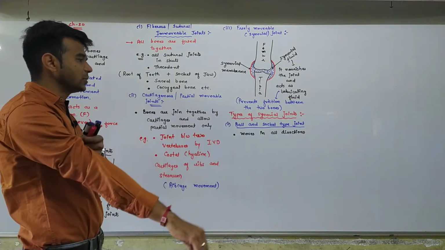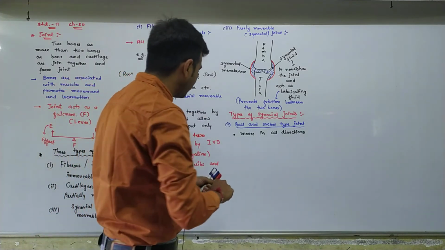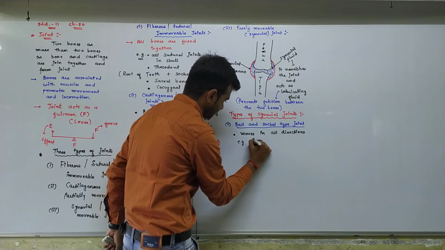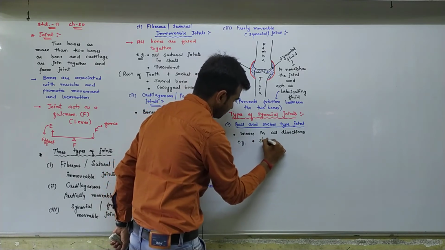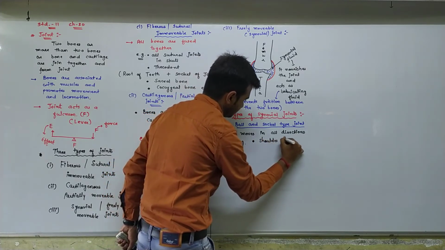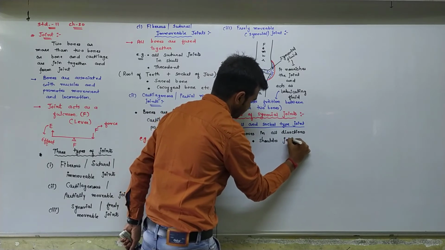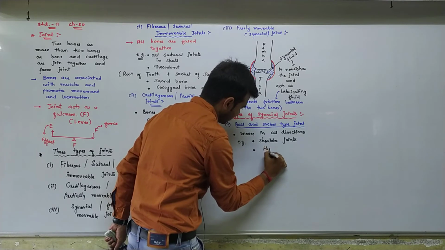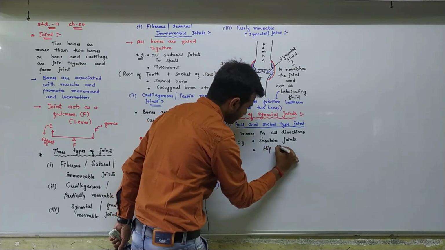So it moves in all the directions. For example, shoulder joints and hip joints.